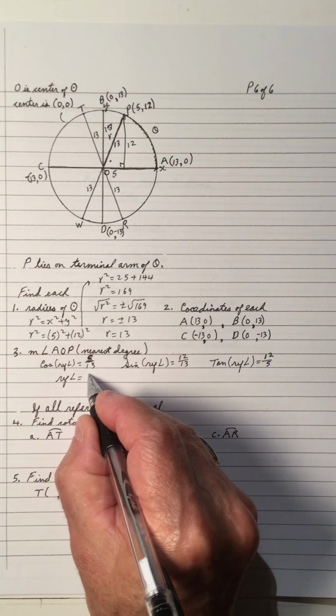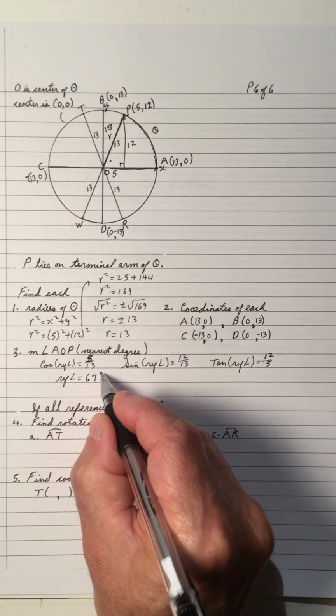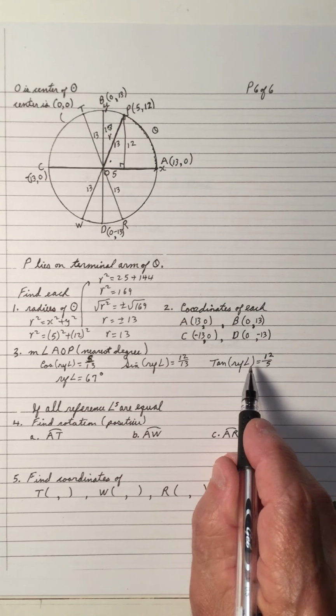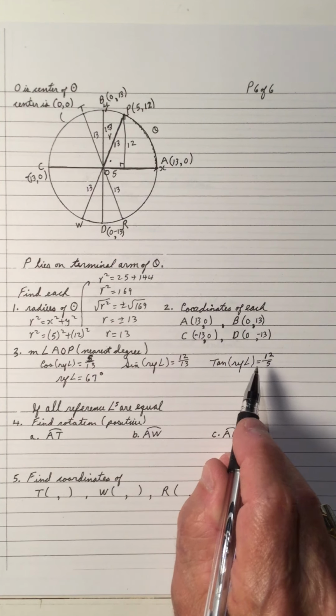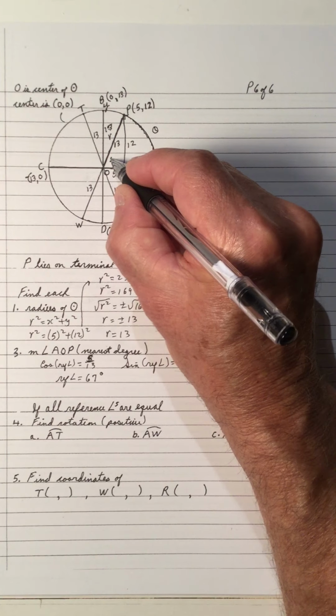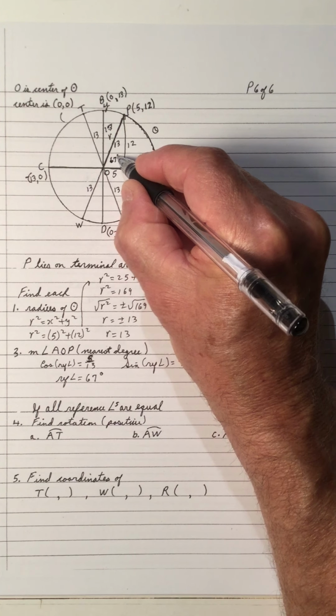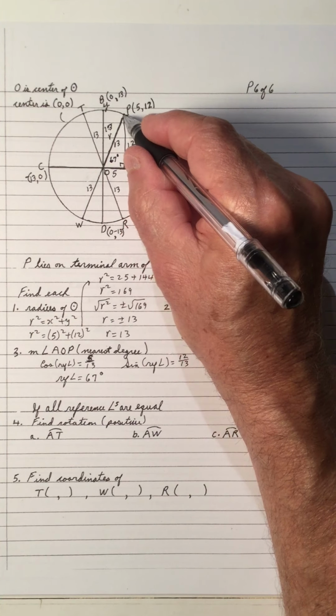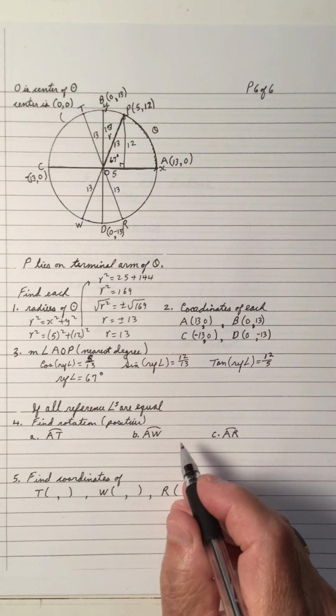So the reference angle in the first quadrant is 67, no matter whether you use cos, sine, or tan. So this angle right here is 67. That's your reference angle in that quadrant, because it's between the terminal arm and the x-axis.